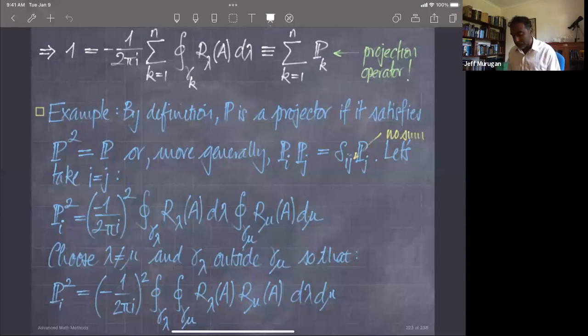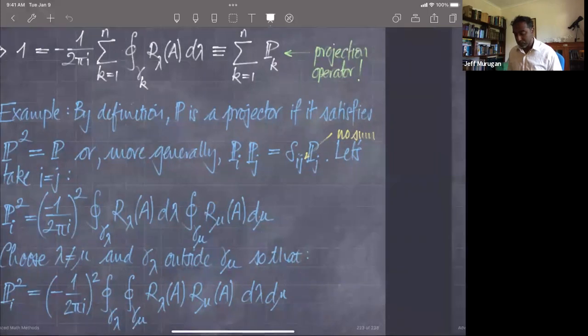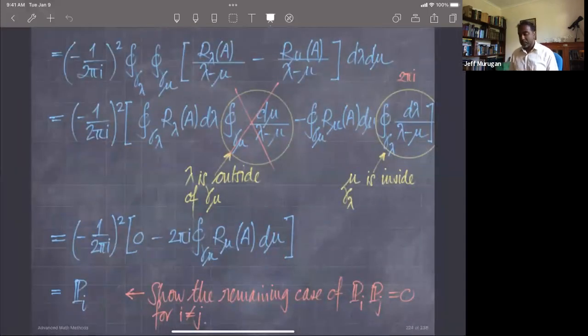And what this meant was that when i equals j, we showed that p squared was equal to p. We calculated that explicitly, and I left as an exercise for you to show that in addition to this, pi pj when i was not equal to j was equal to 0, so they were orthogonal to each other.